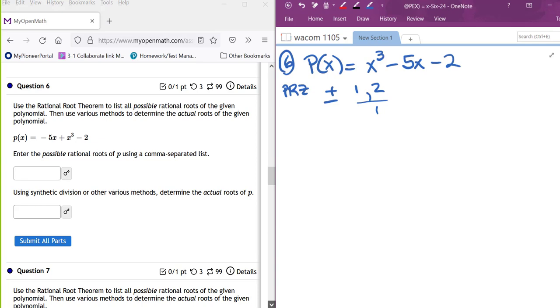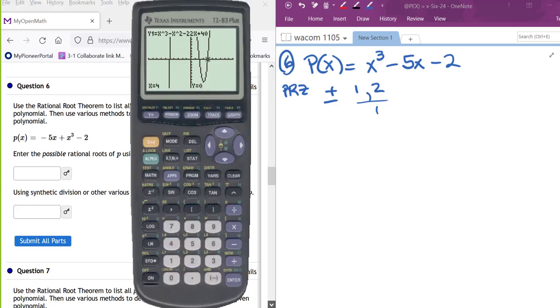Let's go ahead to the calculator. And we'll type in x to the third minus 5x minus 2.